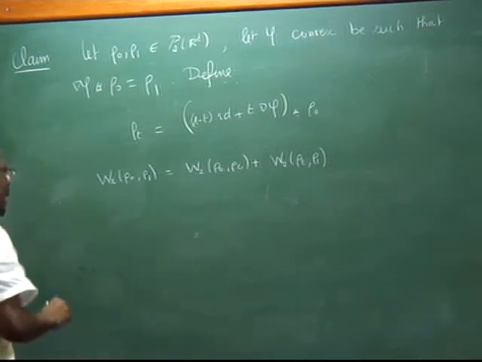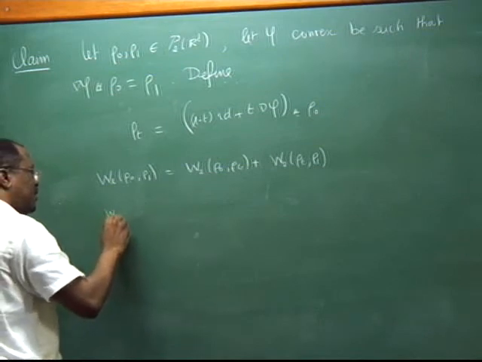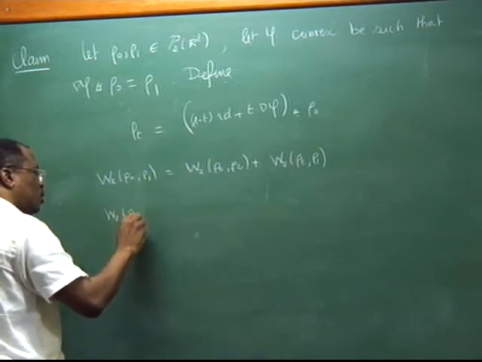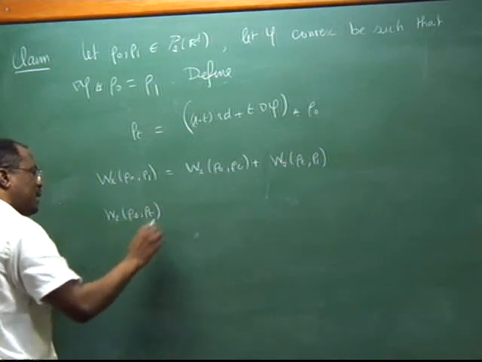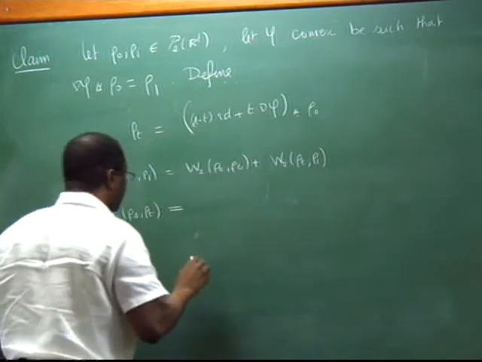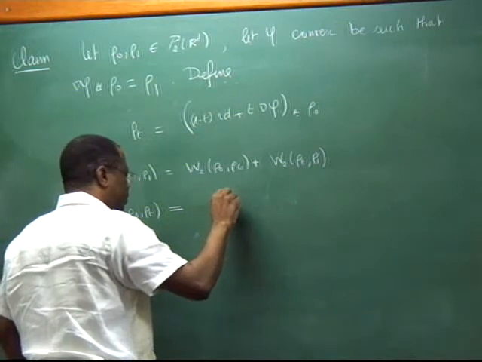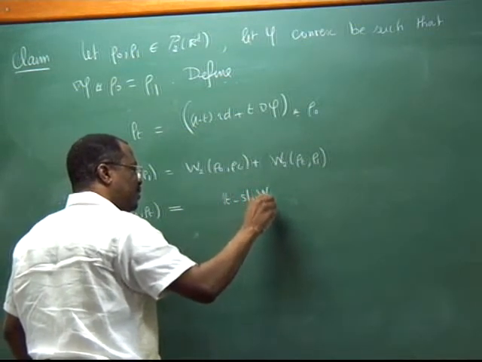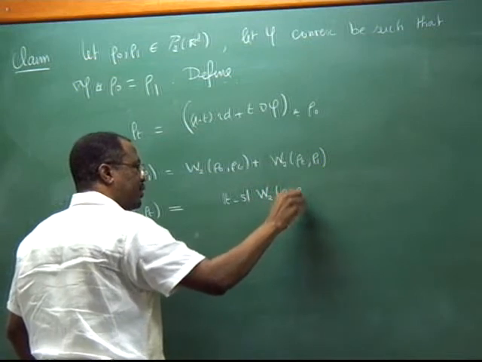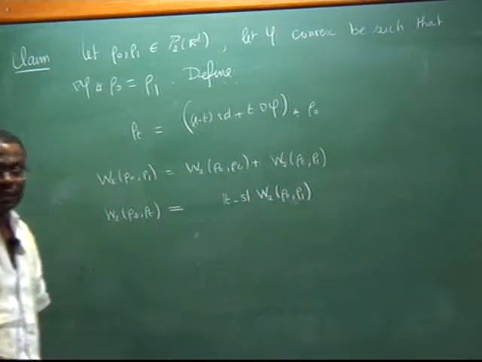And second, I conclude that the distance between rho s and rho t equals t minus s, the distance between rho naught and rho 1.